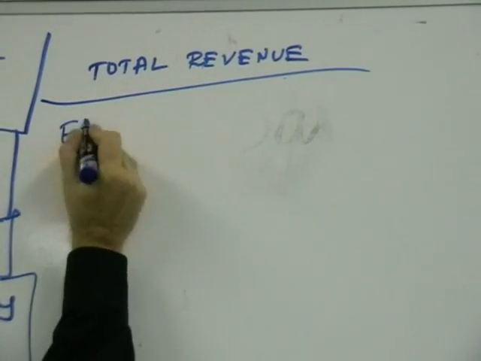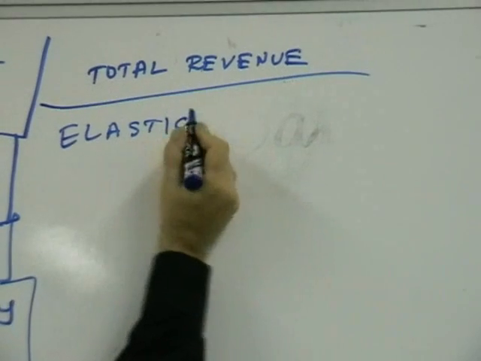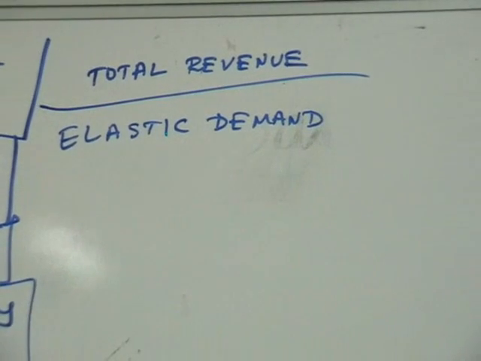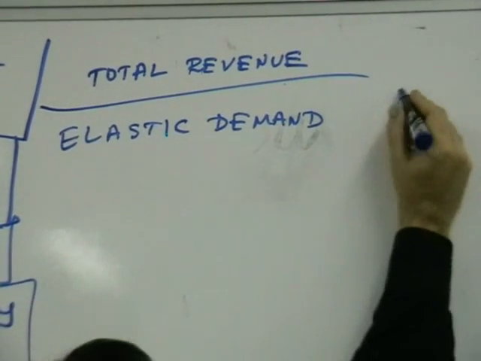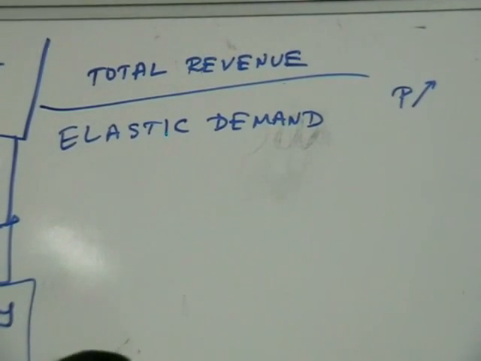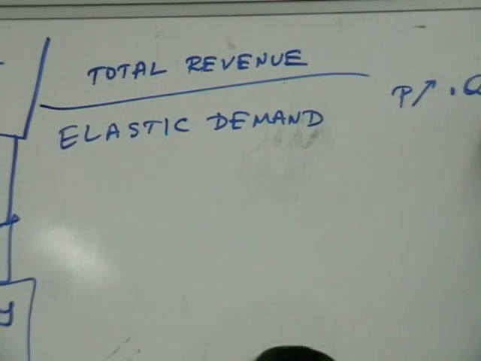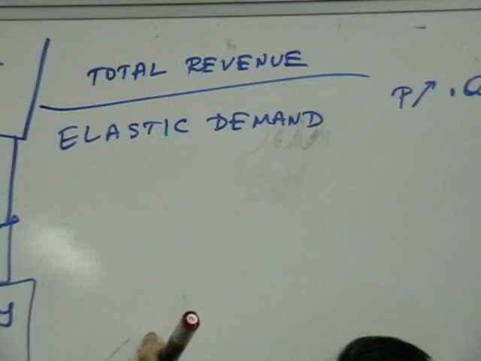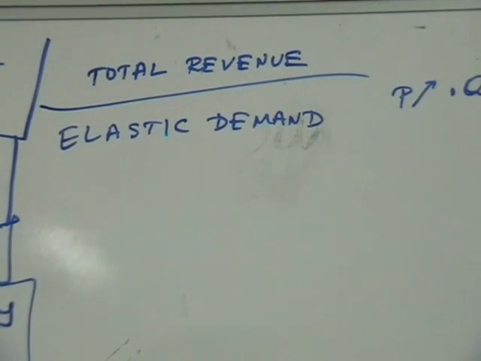So for elastic demand, if you raise the price, quantity will fall a lot, right? Remember, that's the definition of elastic. Elastic, you raise the price a little, quantity falls a lot, and the result is that total revenue will fall, all right?